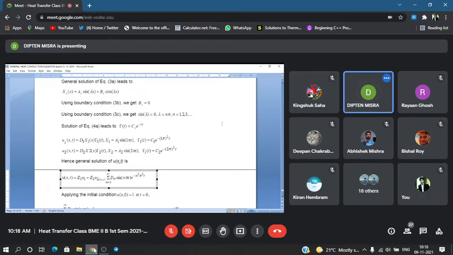Now this u1 into d1 into a1 into c1, that we can write as equal to f1.